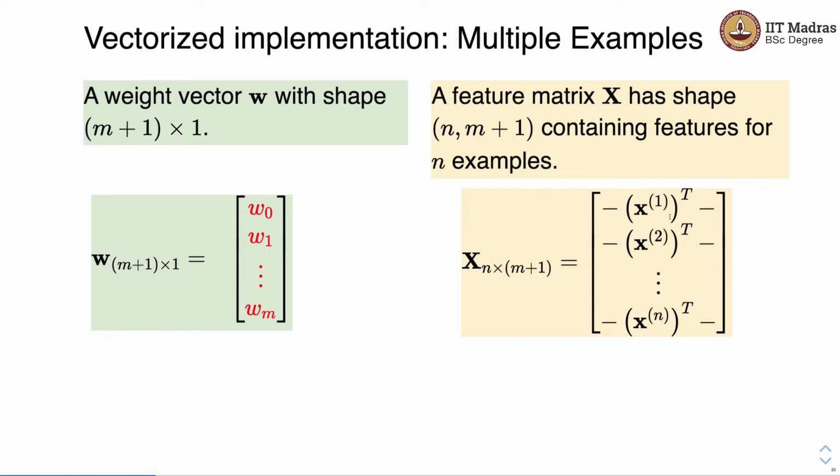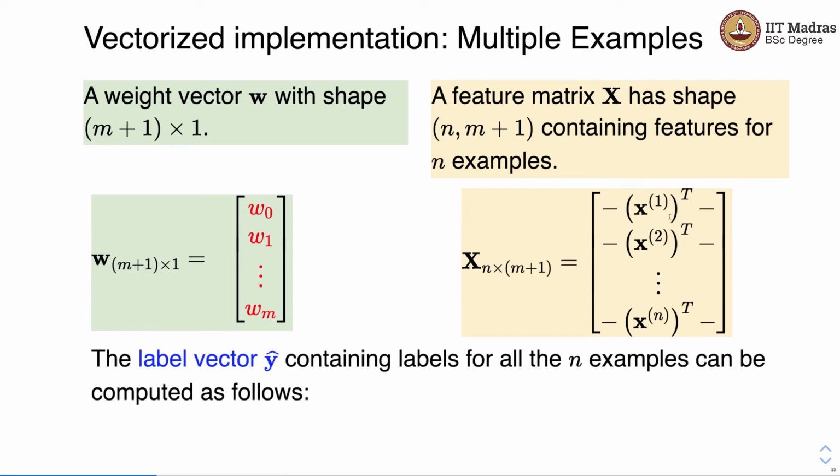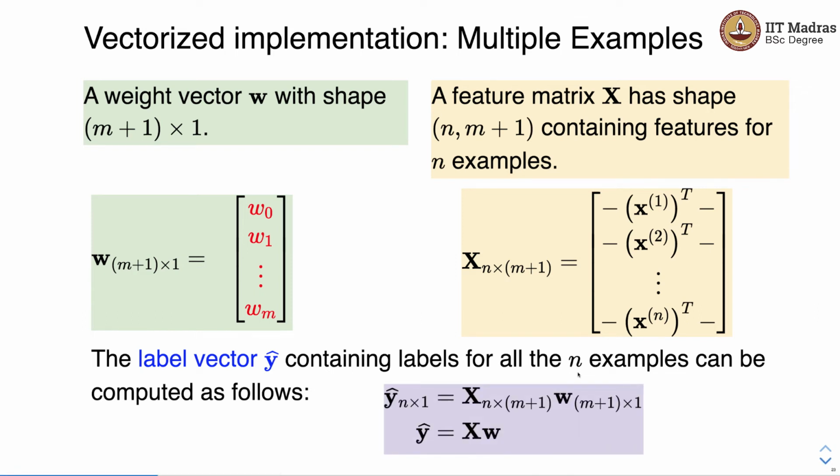Got it? Now what we'll do is we'll obtain the label vector y containing labels for all n examples at once by computing the multiplication between the feature matrix and the weight vector. So here we have written the shapes of the matrices for your reference. So X has shape of n cross m plus 1, and W has a shape of m plus 1 cross 1.